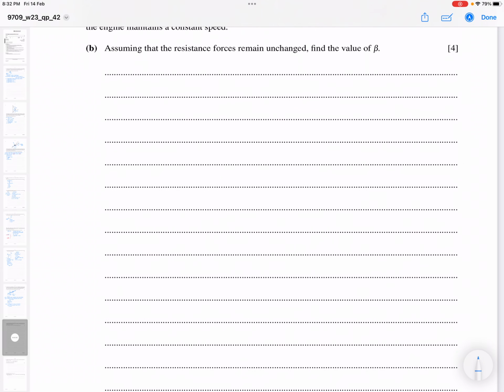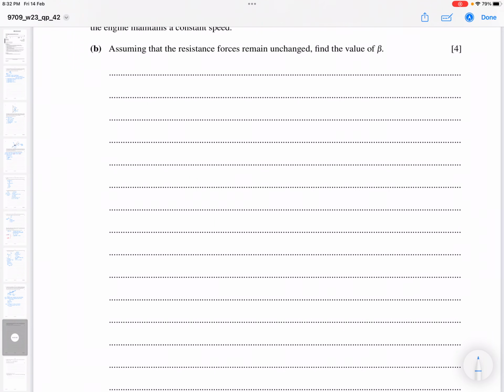Okay. So let me quickly draw this diagram again. Suppose this is my beta here. Engine, coach, tensions, D, FC, there is FE, resistance to engine.